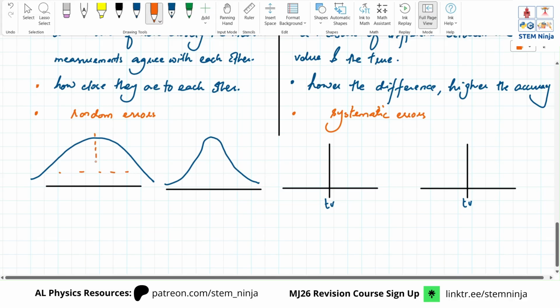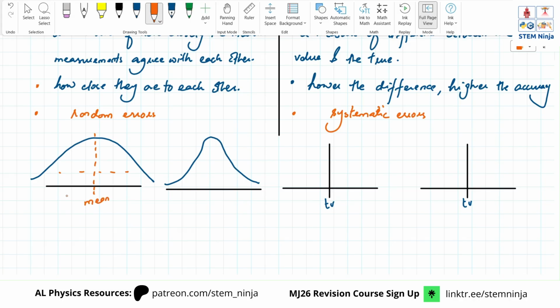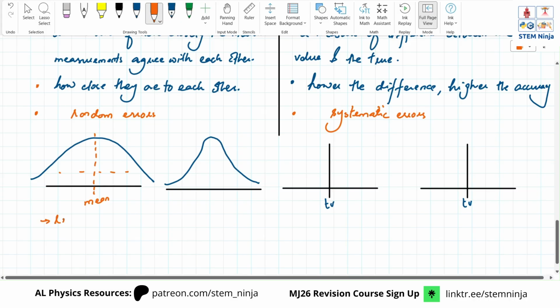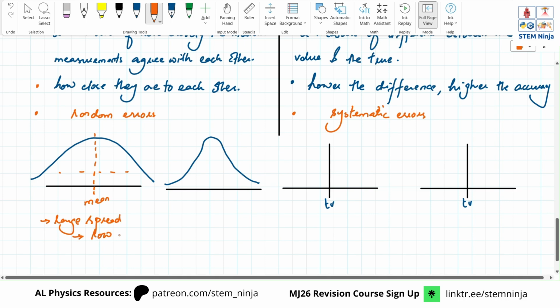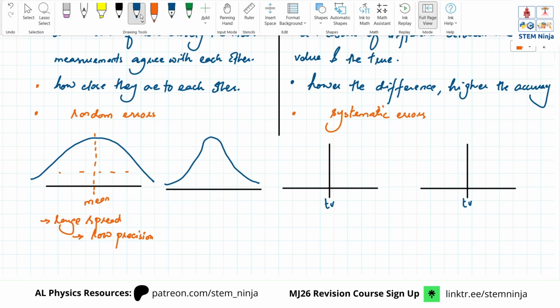The mean would be over here. Mean value would be somewhere over here, but the spread is very large. So large spread means low precision. Low precision. At this point, we don't know where the actual value is.